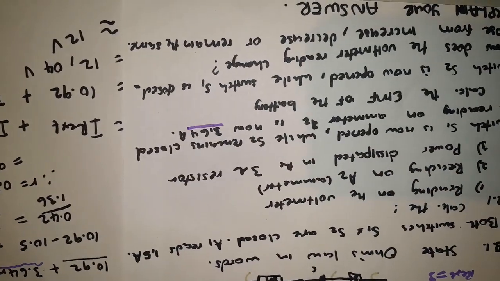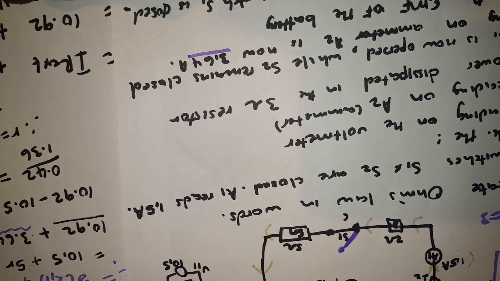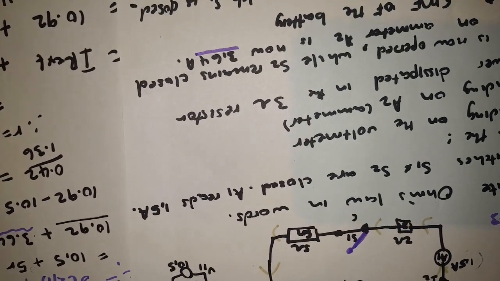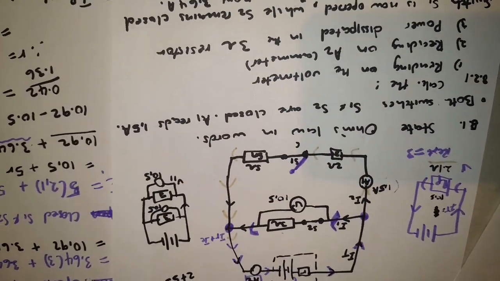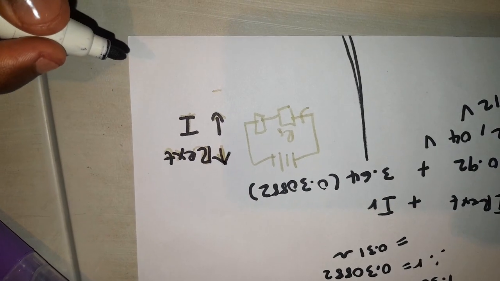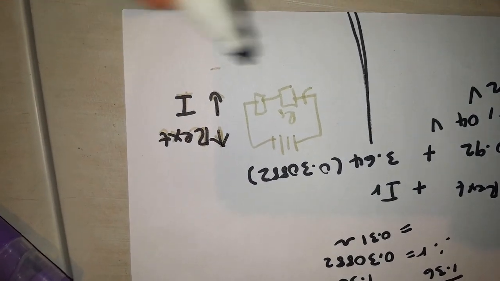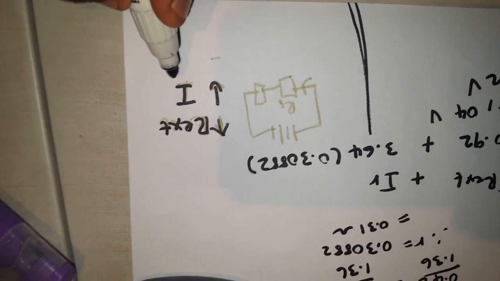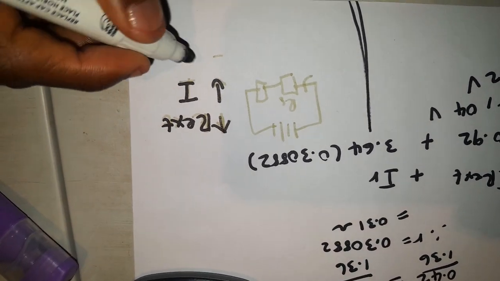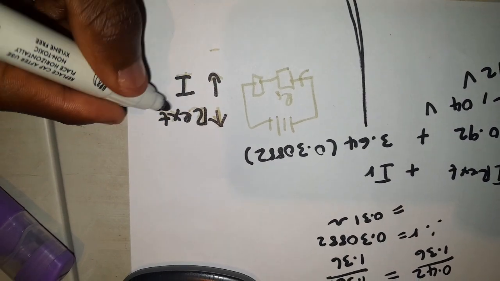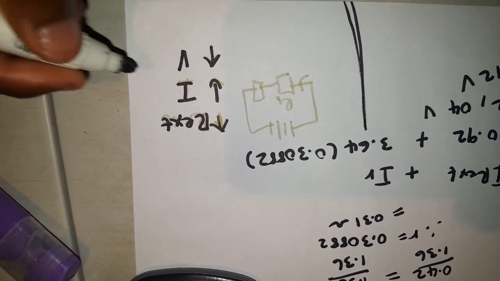And also, will the voltmeter reading decrease or not? Now I'm just going to use this because this greenish one doesn't seem to be working. So now our resistance will increase.